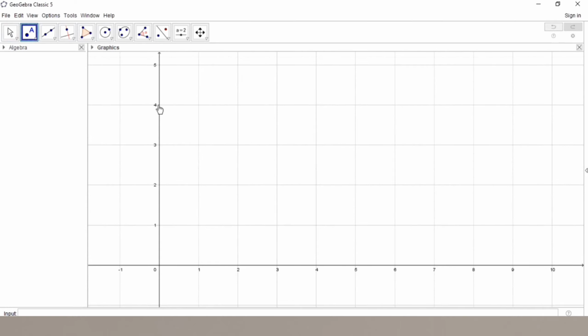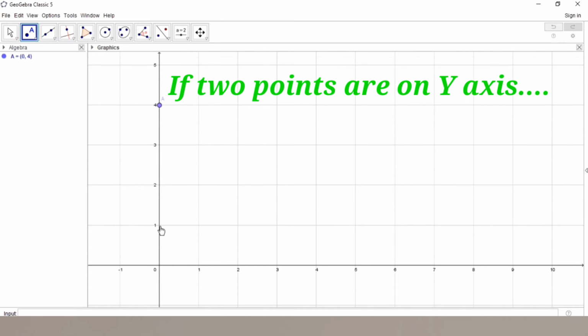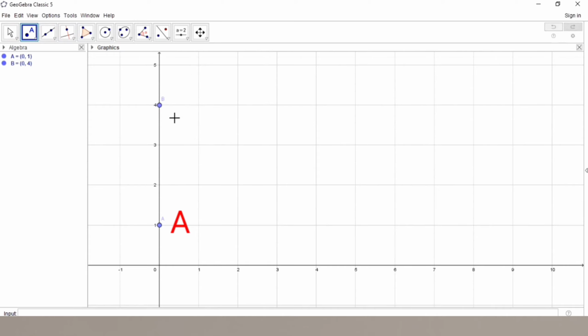Now the second possibility is that the 2 points are on the y-axis. Let us consider these 2 points A and B which are on the y-axis. The distance between these two is 3 units, as we can count. Now to find the formula for the distance between any 2 points on the y-axis, let us consider their coordinates. As these 2 points are on the y-axis, their x coordinates must be 0.